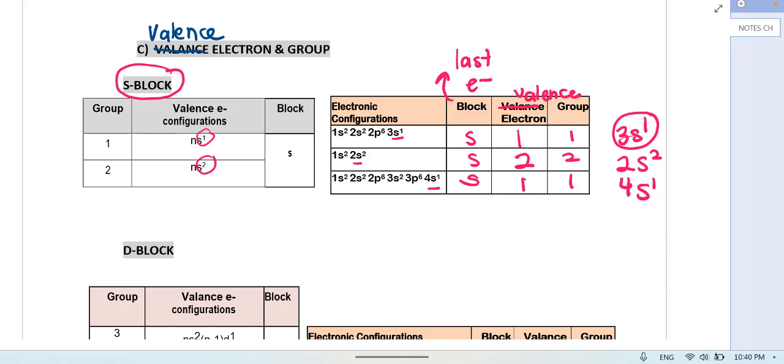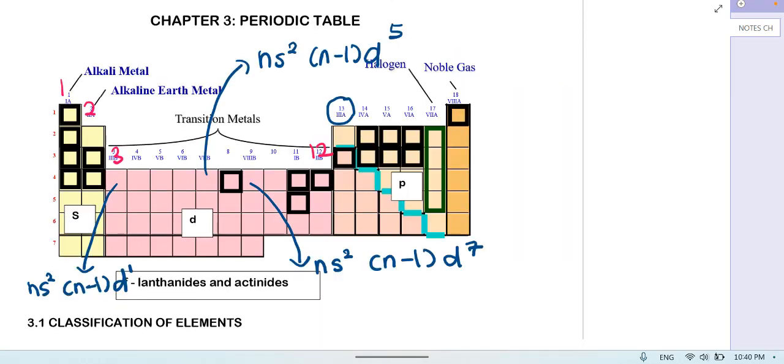Okay. So why is group 1 ns1? Because for all elements in group 1, the last electron, or the valence electronic configuration, is 1s1, 2s1, 3s1, 4s1, 5s1, 6s1, 7s1.